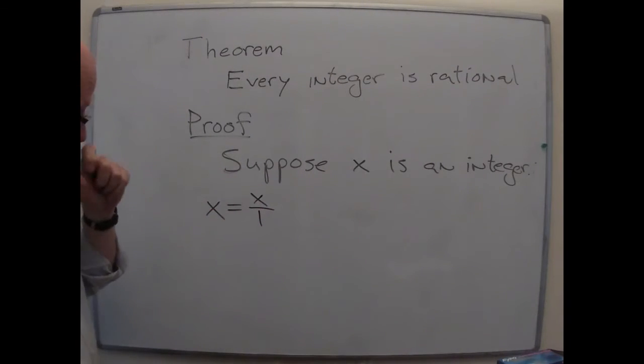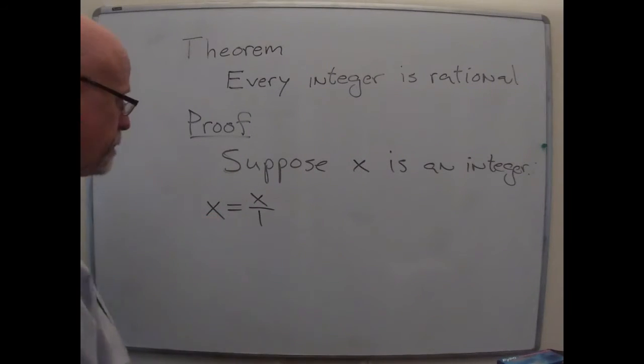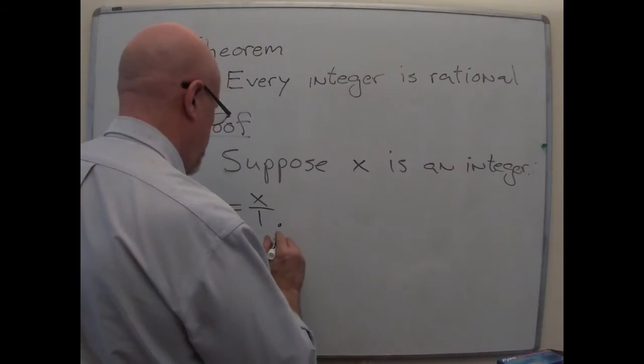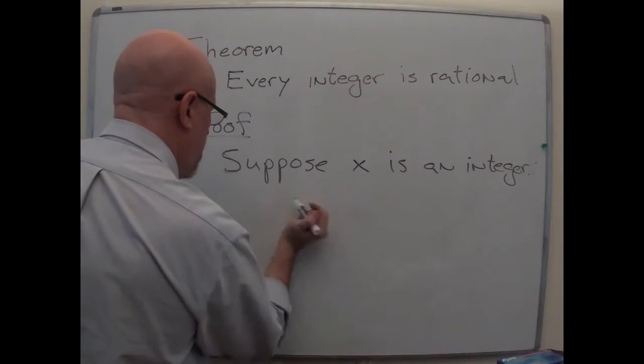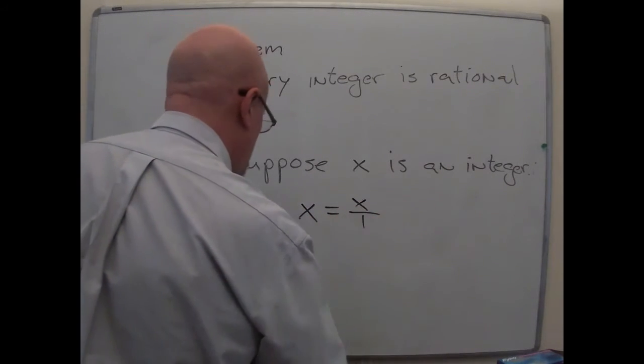Because dividing by 1 doesn't really do anything. But this now looks like an integer over an integer. That should probably be done as displayed math. x equals x over 1.